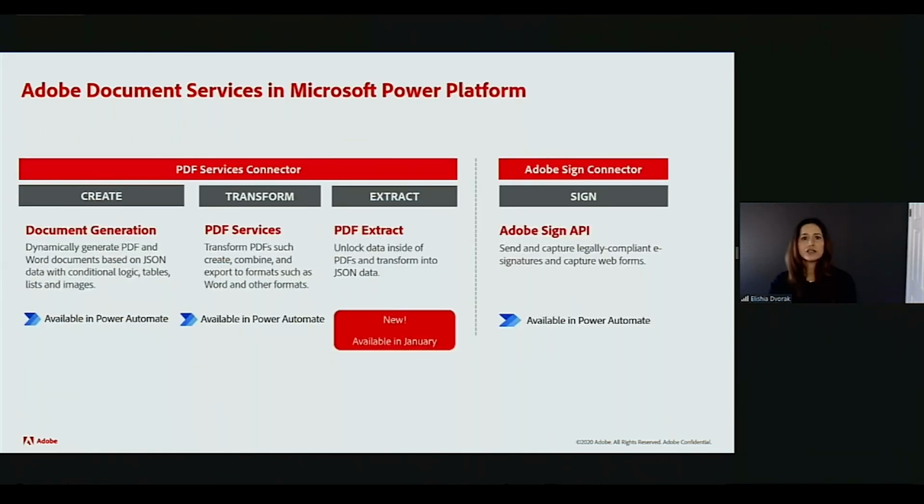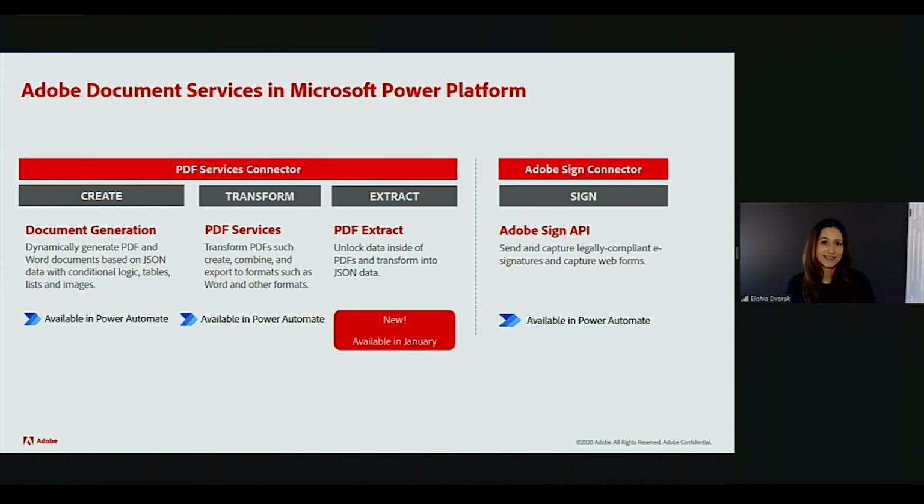Taking a deeper dive into that, when you look at Power Platform, there's a PDF Services connector and there's an Adobe Sign connector. Under PDF Services, you'll have all of the different services that we just talked about today, including document generation and the PDF services with more than a dozen different APIs for transforming documents.